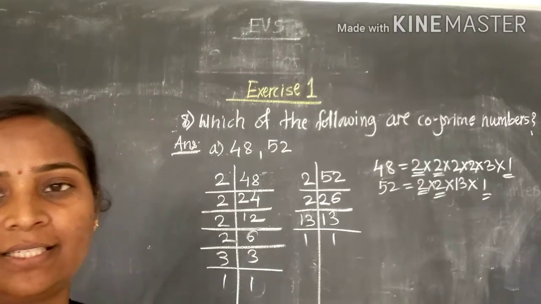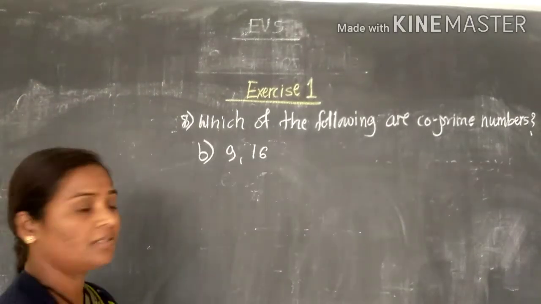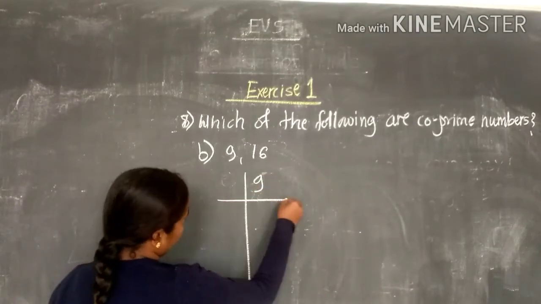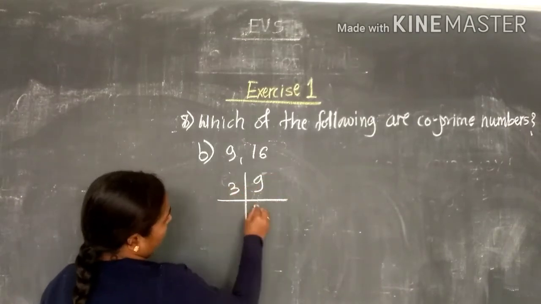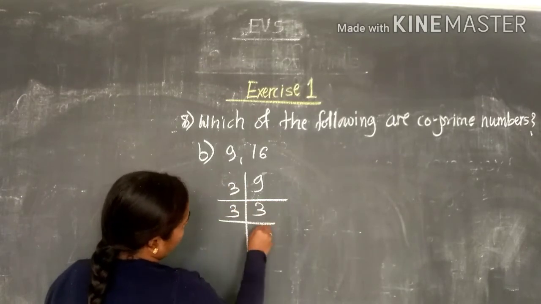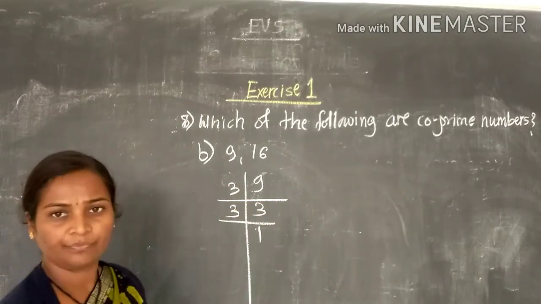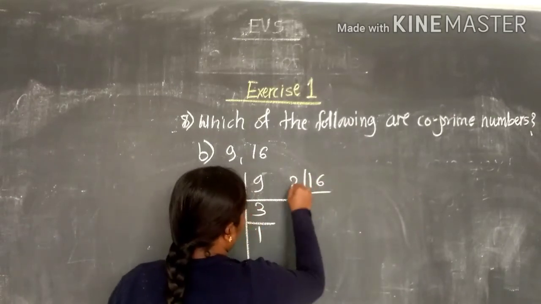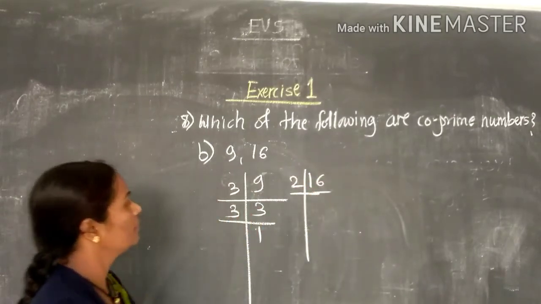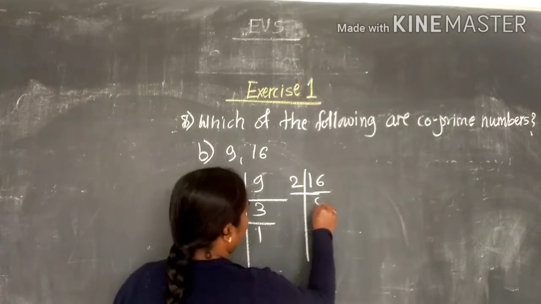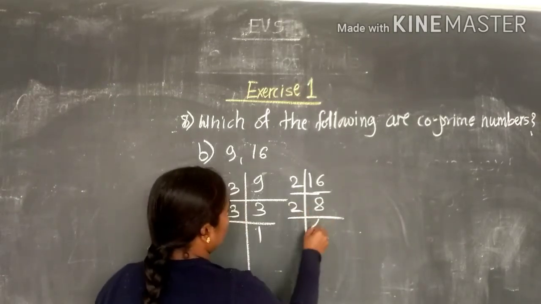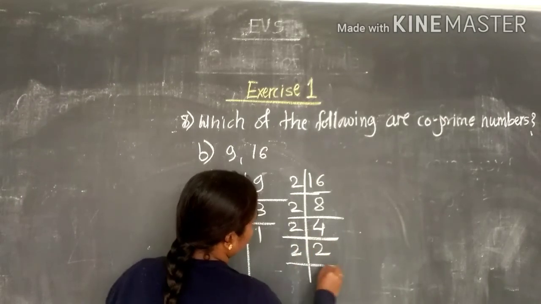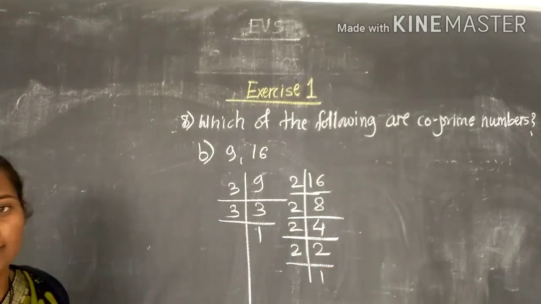Okay, let's see the next example. Now here are 9 and 16. See, 9: 3 3s are 9, 3 1s are 3. Next 16: 2 8s are 16, 2 4s are 8, 2 2s are 4, 2 1s are 2.